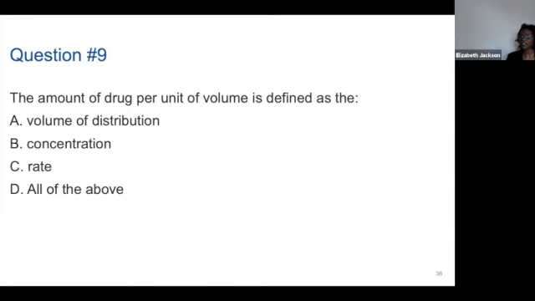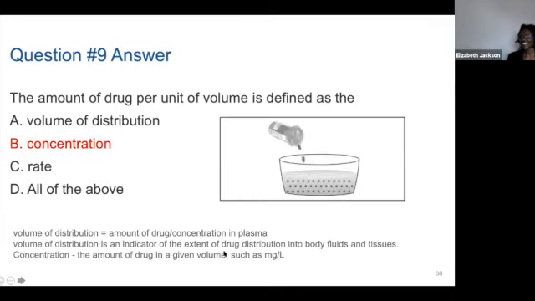I will pause. Okay, we can now go on to the next slide. The answer is concentration.